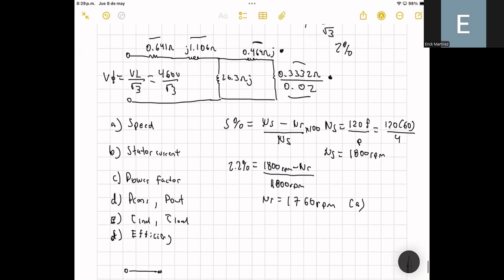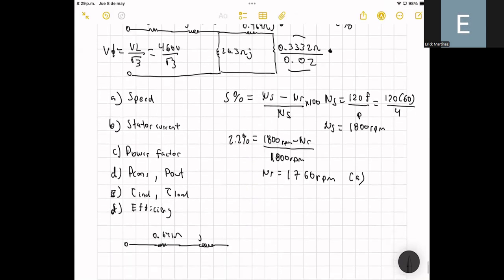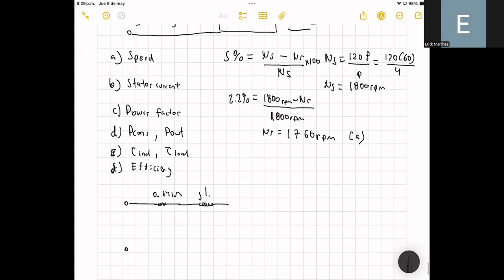Here is the resistance, 0.6141 ohms. This is the impedance, j times 1.106 ohms. And here we have the magnetic reactance, that is 26.3 ohms times j.